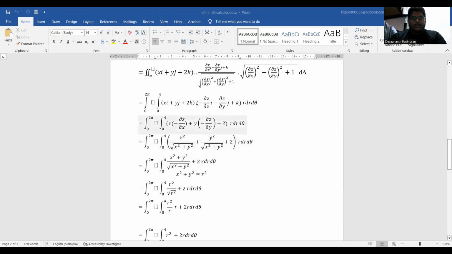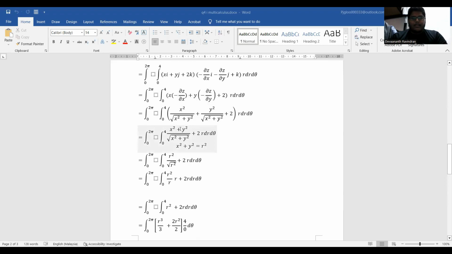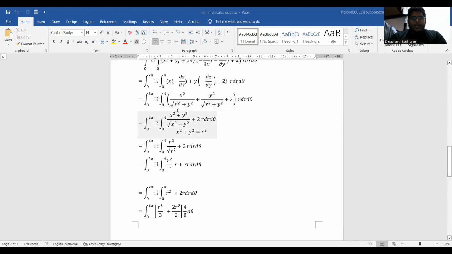So the limit is 4 to 0, then 2 pi to 0, then after that r dr d theta because it's a cone. So we have to do the integral for z first.